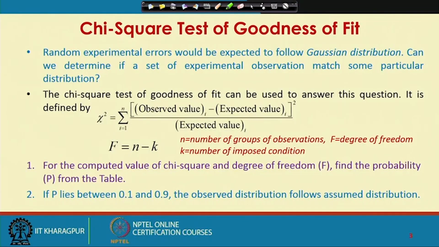Look at this chi-square distribution table and find the probability corresponding to the degrees of freedom. If the probability lies between 0.1 and 0.9, the observed distribution follows the assumed distribution.